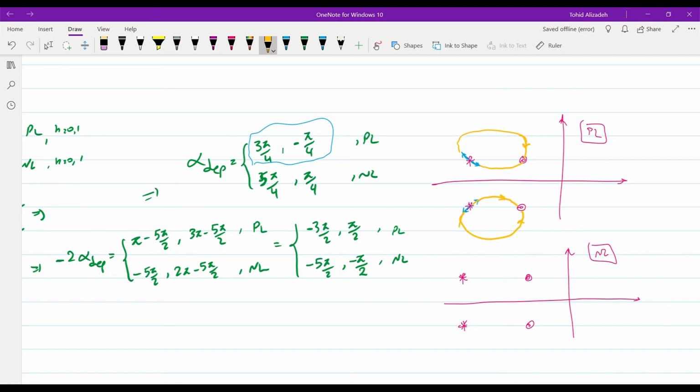For the negative locus, on the other hand, we will have 5 pi over 4 and pi over 4 for the pole that we have here. So 5 pi over 4 will be this angle, and pi over 4 will be this angle.